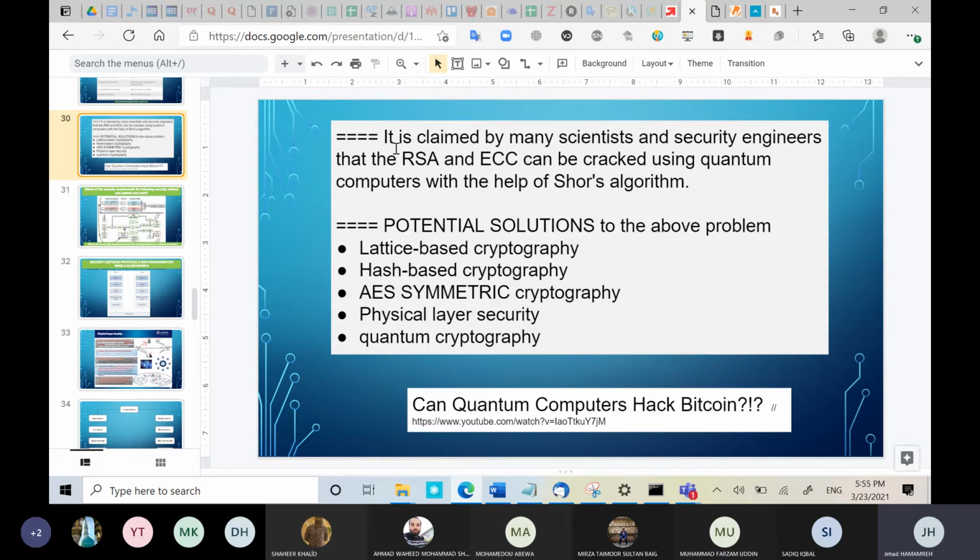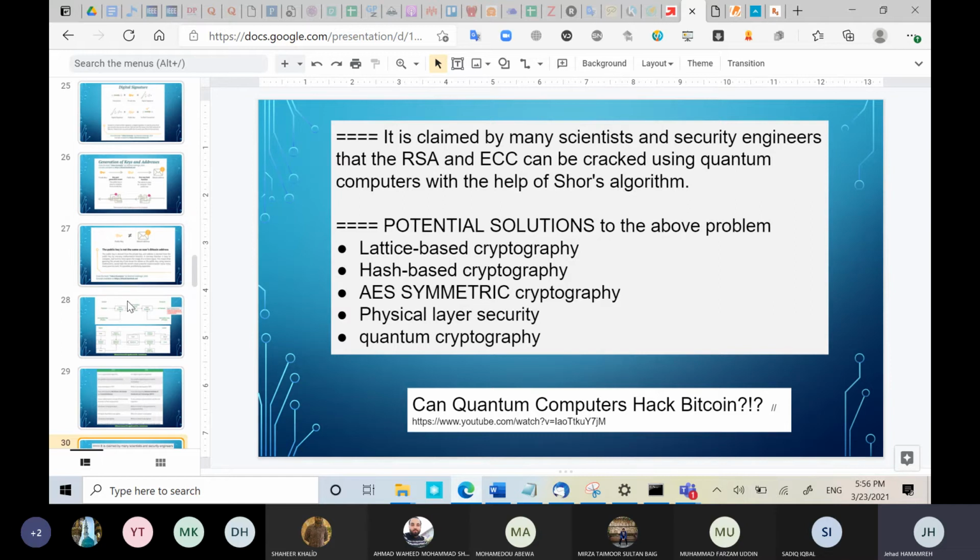But if he uses a data center, a super powerful computer, then things will become faster. If it would take 10 years to crack something, he will be able to crack it in one day. So it's a matter of producing powerful computers so that you can crack them. Okay.